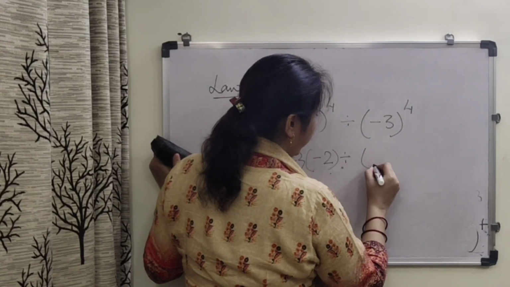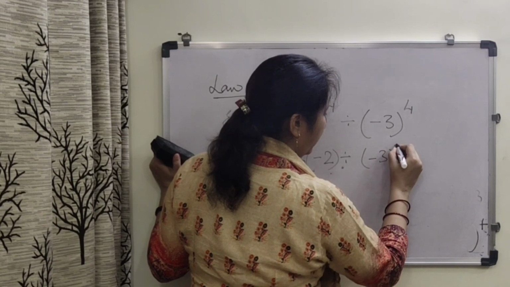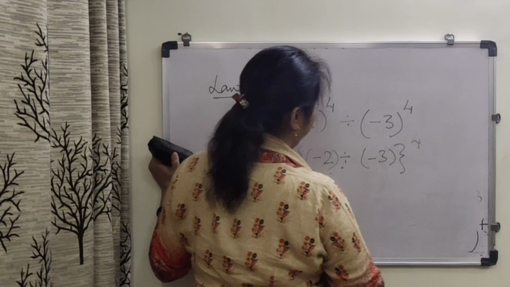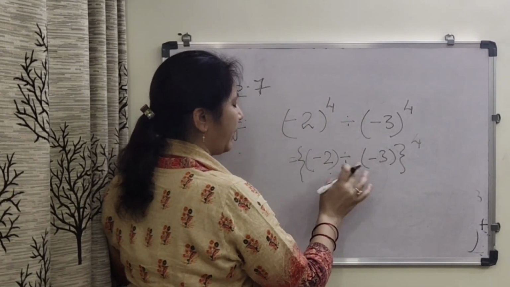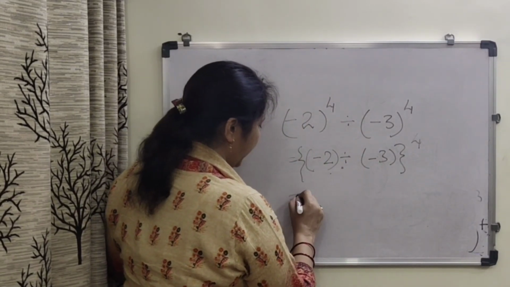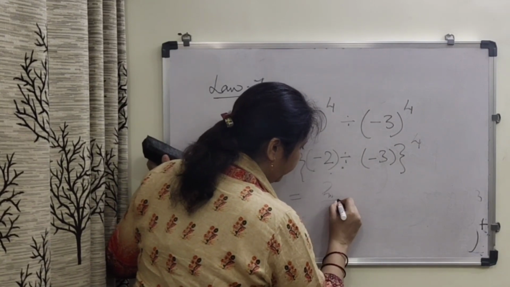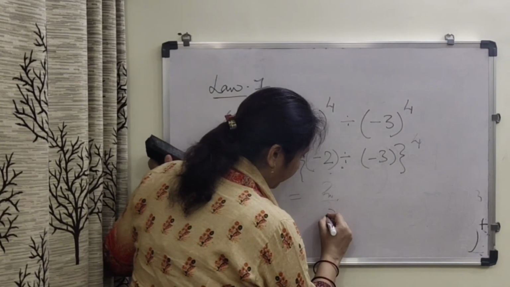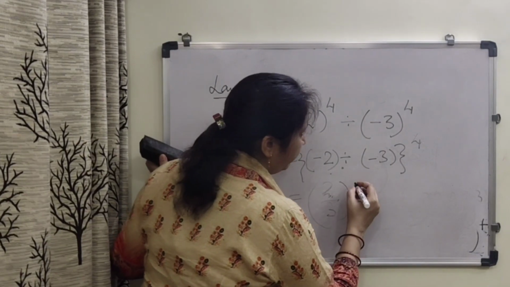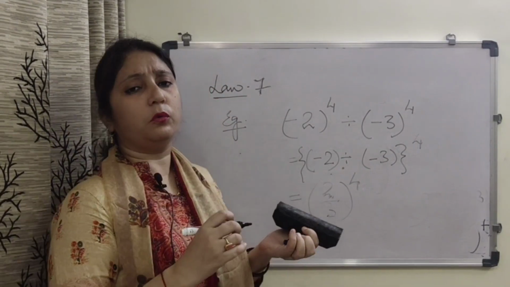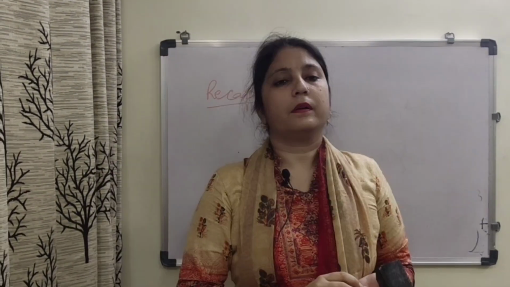As they are negative integers, I have to take help of curly bracket and exponent just once. As both of them are negative, so minus will be cancelled. So it would be 2 by 3 to the power 4.